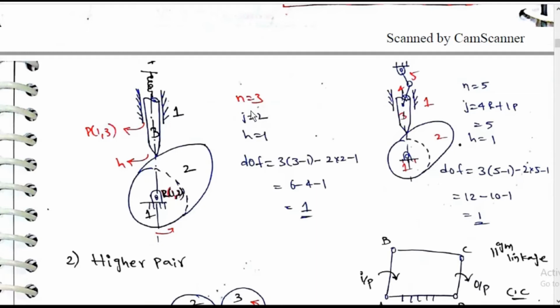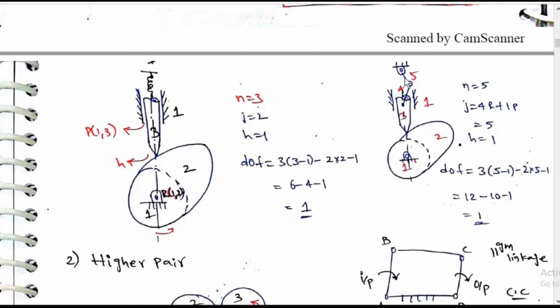N is equal to 3, J is equal to 2, J is equal to 2, J is equal to 2, H is equal to 1. Degrees of freedom is equal to 3 into (3 minus 1) minus 2 into 2 minus 1, which is 6 minus 4 minus 1 is equal to 1.